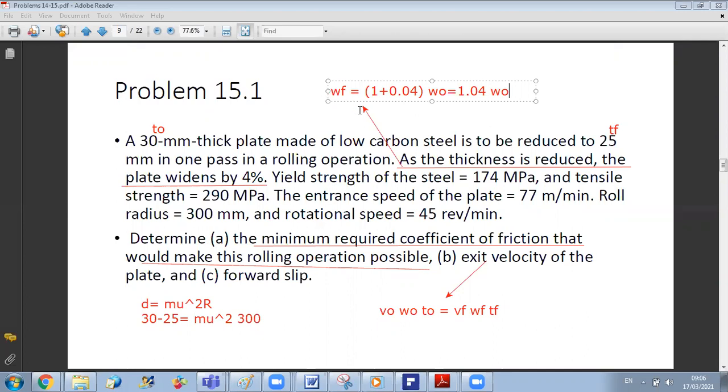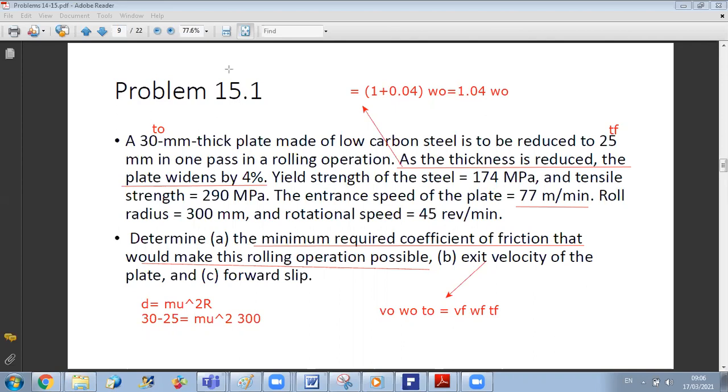Concerning the speed, we know that the entrance speed is 77 meter per minute. If you want to keep the same unit, meter per minute, then the exit velocity will also be in meter per minute. Now we can replace in our equation.